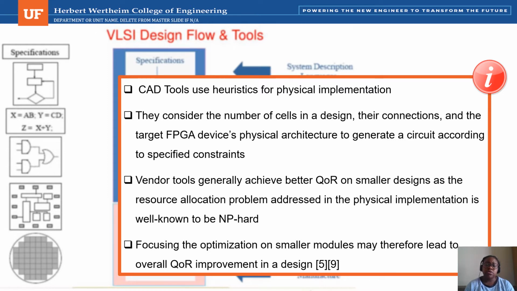However, CAD tools generally achieve better quality of result on small designs, as the resource allocation problem is smaller when compared to a bigger design. Those problems are known to be NP-hard. So focusing on optimizing smaller modules may therefore lead to a better quality of result improvement in the design.